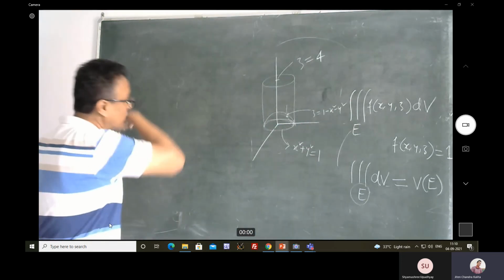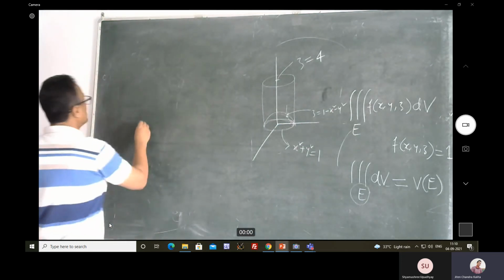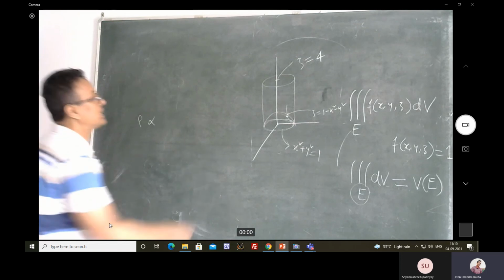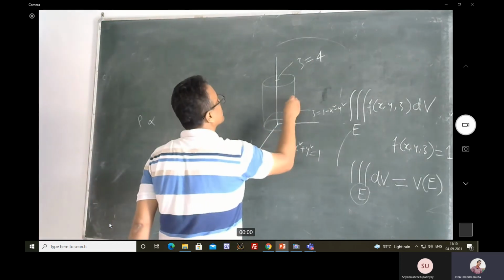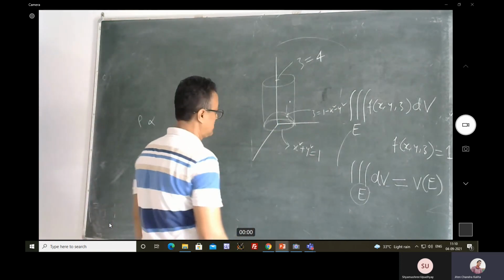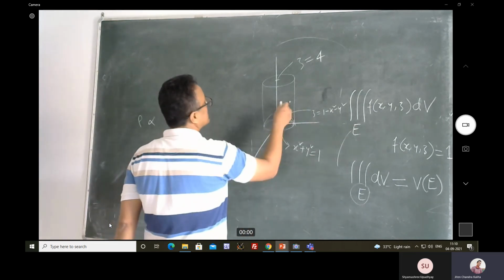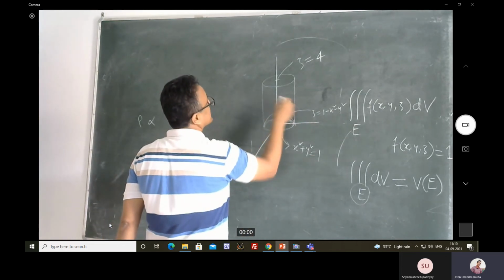Okay, and what has been given to me is that the density at any point is proportional to its distance from the z-axis.